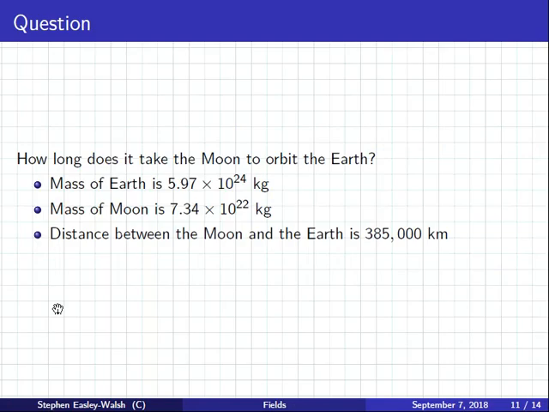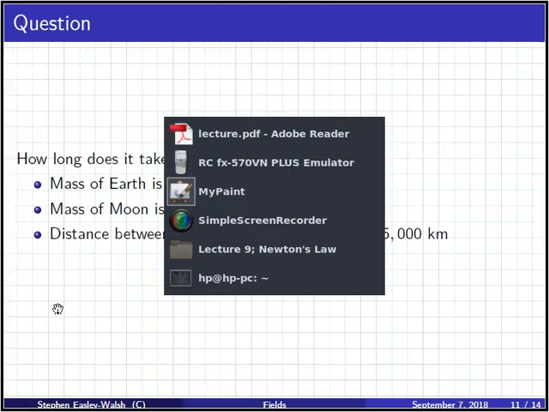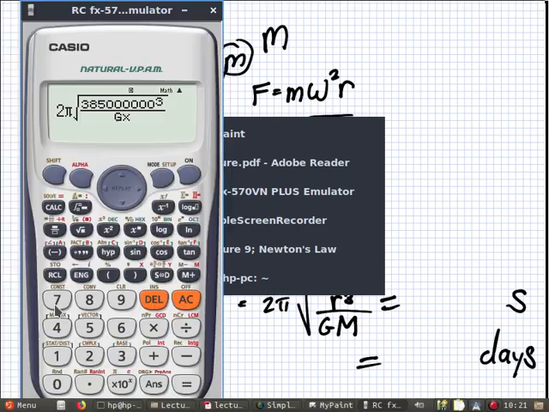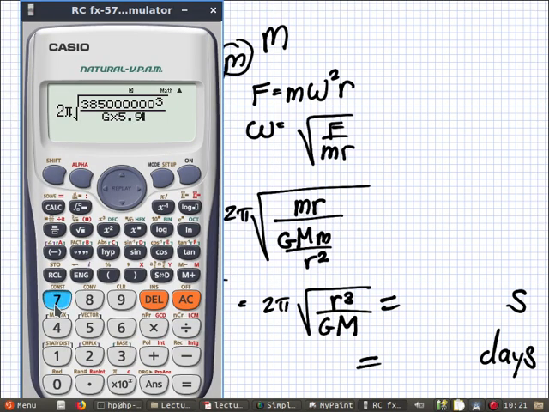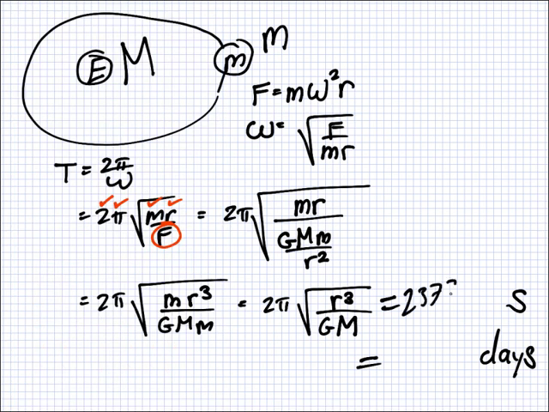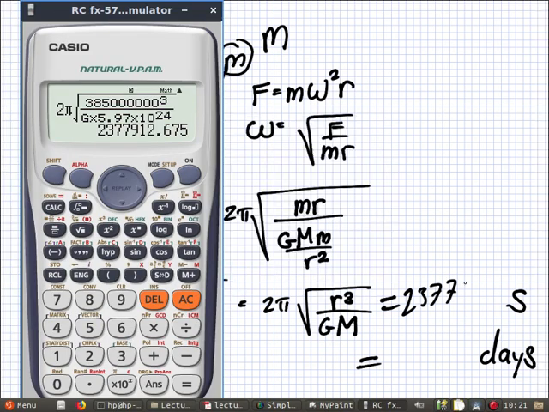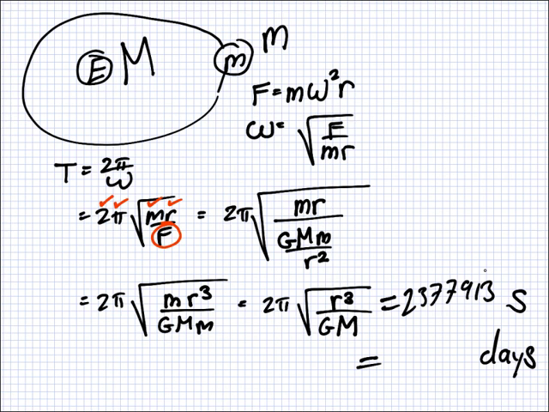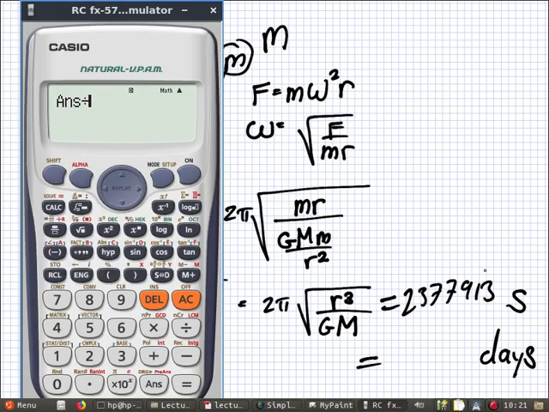GM is 5.97 times 10 to the 24. Did you get this? You did? That's how many seconds there are. 2377913. Now, how many days is that? Okay, well, this is how many hours, and this is how many days.